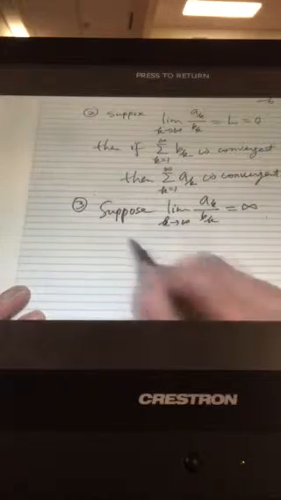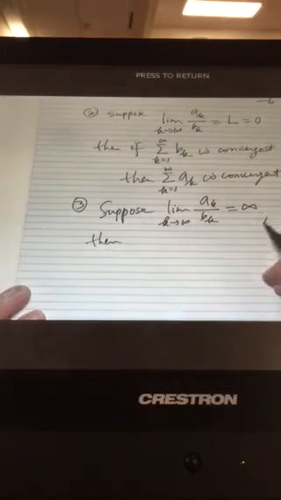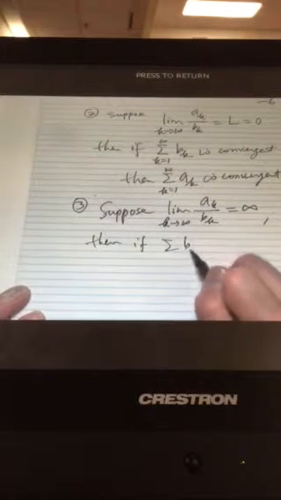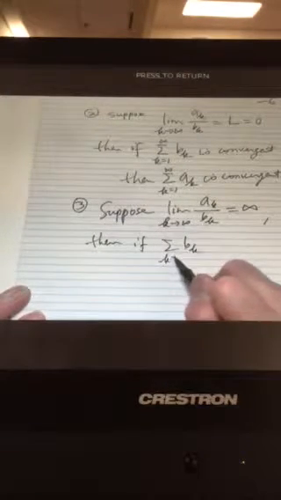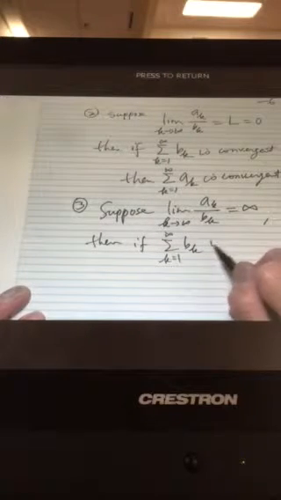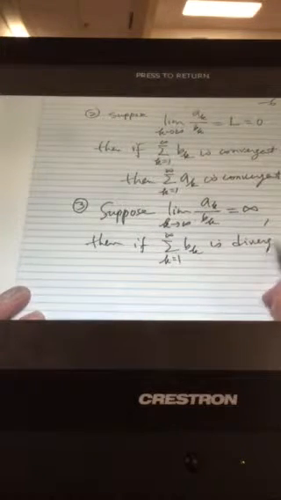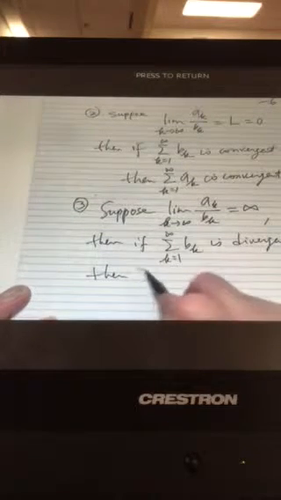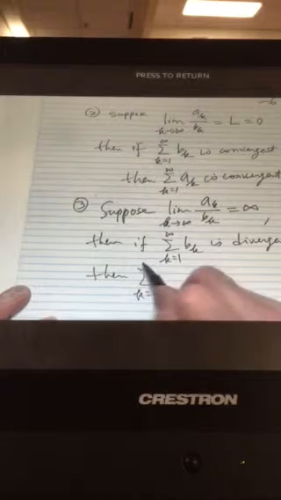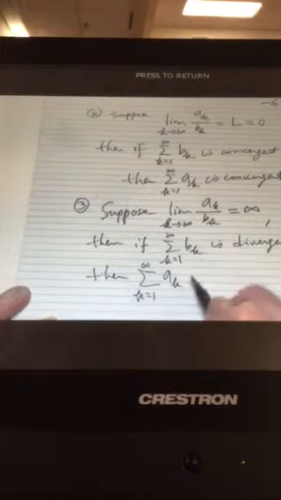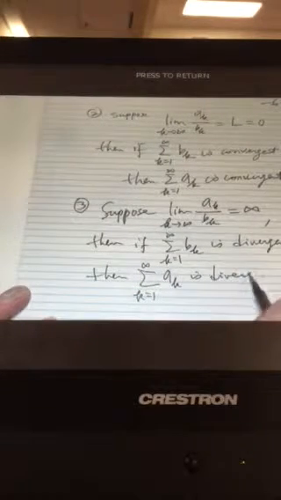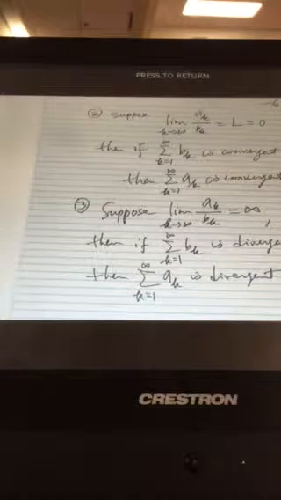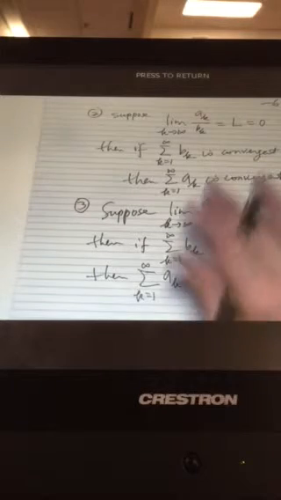So if b_k, the smaller one, is divergent, then you cannot add up the smaller one, then you cannot add up the larger one. Okay. And this is the comparison test.